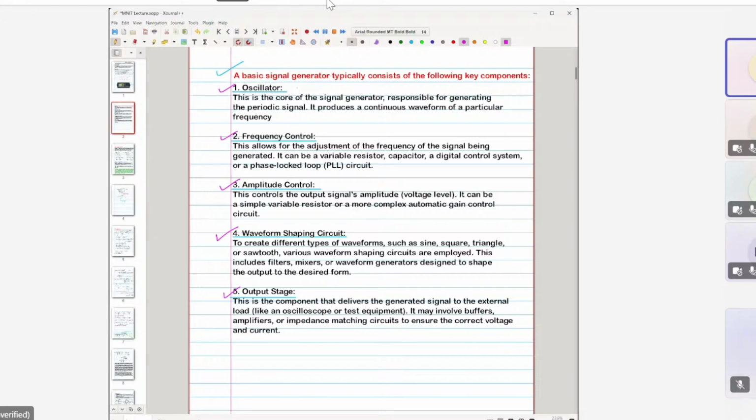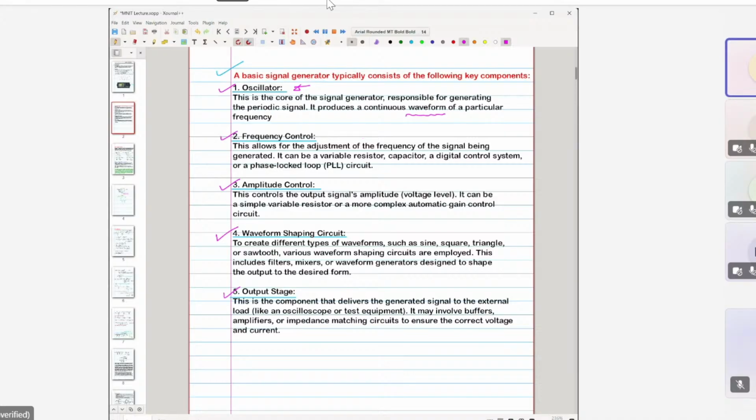So what is the oscillator? The oscillator is the core part of the signal generator responsible for generating this periodic signal. It produces a continuous waveform of a particular frequency, right? So it always produces a waveform of a particular shape, maybe a sinusoidal wave, triangular wave, or square wave, but the frequency will always be constant if you are not changing the circuit.